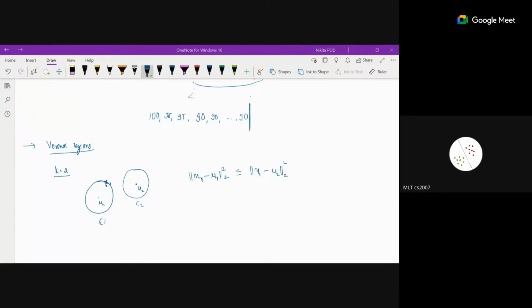So due to that reasoning, what we can say is that this should happen. The distance of x1 from mu1 should be lesser than the distance of x1 from mu2.